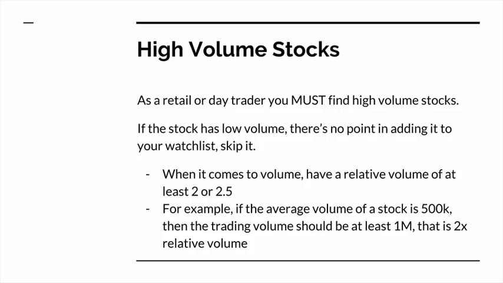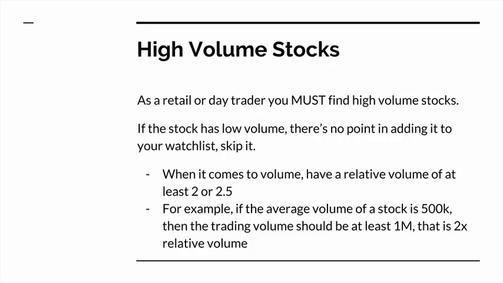When it comes to volume, we want to have a strong relative volume of at least 2 or 2.5. A lot of stock screeners allow you to do this. You can put in the relative volume. Finviz.com is probably one of the best ones for you to filter out the different types of stocks in the market based on the relative volume.